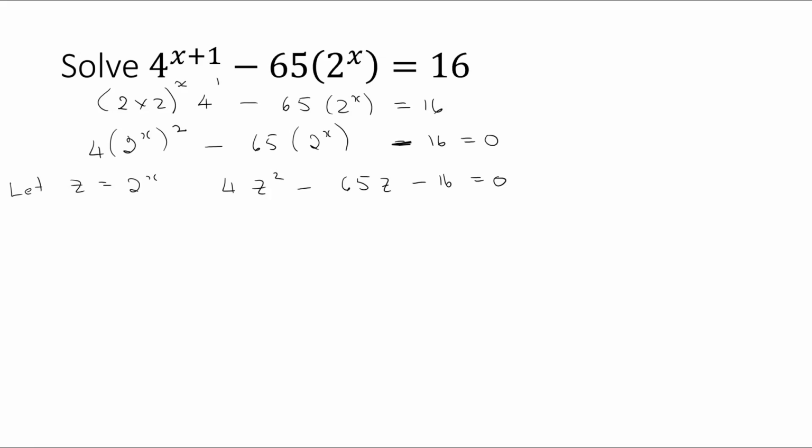And you would need to use the quadratic formula to solve that, and you'd use your calculator. Now, we could just proceed without thinking at the moment.